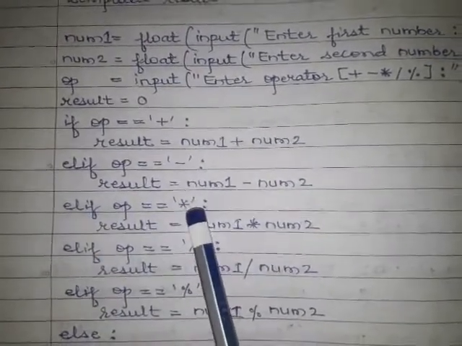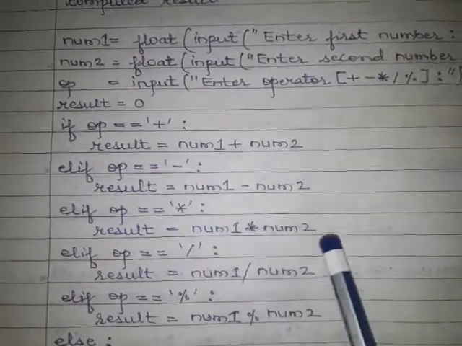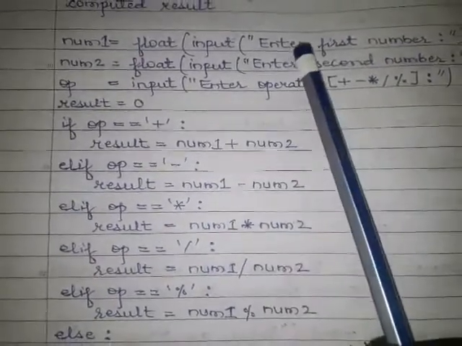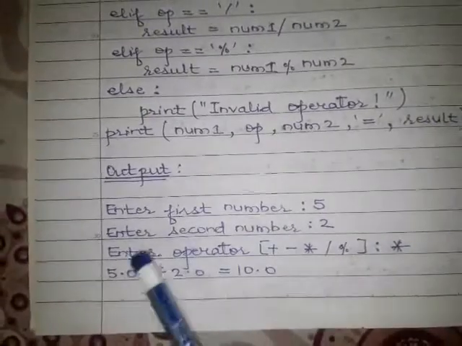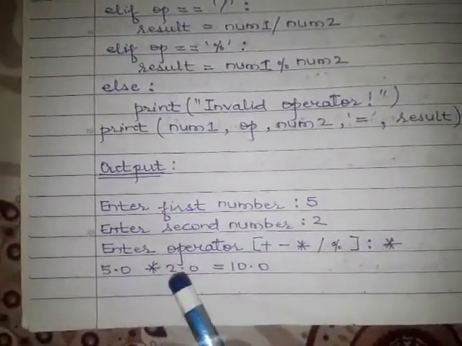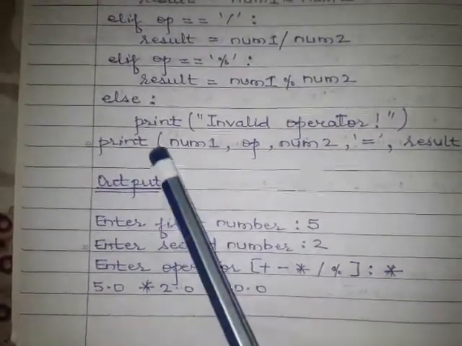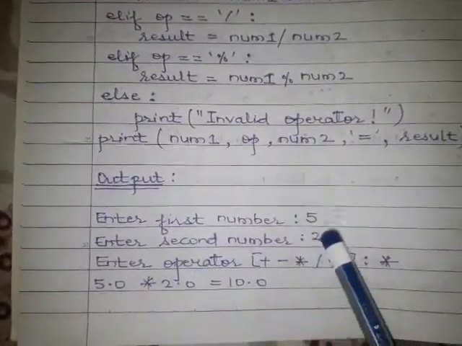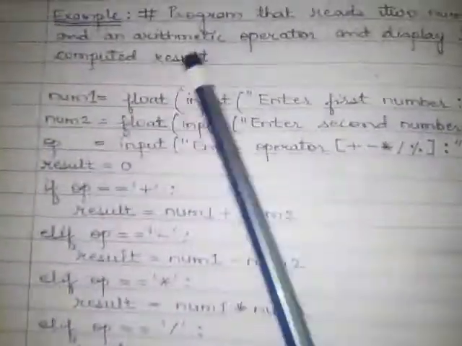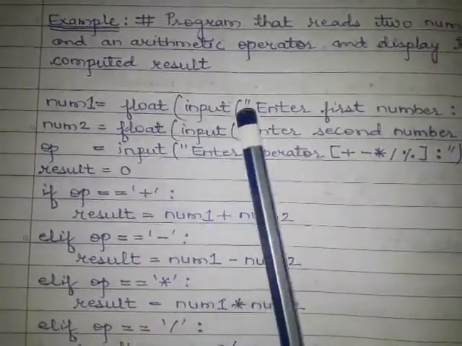elif operator equals multiply, the result equals number 1 multiply number 2, whatever values I have given for number 1 and number 2. Look here, number 1 is 5.0 and number 2 is 2.0. Why is it written 5.0 and 2.0? Because they are read as float type.